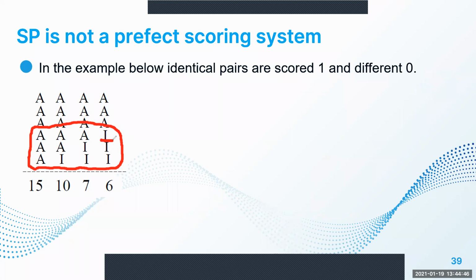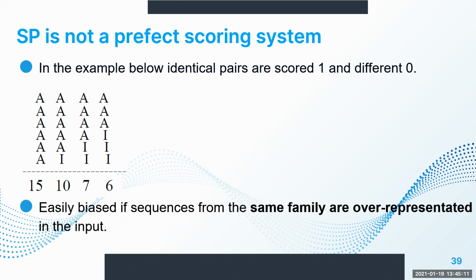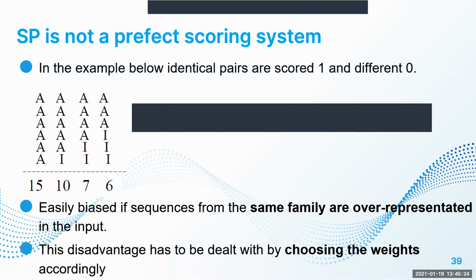You can give a gap here and calculate the value, or you can do such things. So basically this SP is not a perfect scoring system. It is easily biased towards a family that is overrepresented in your input sequences.